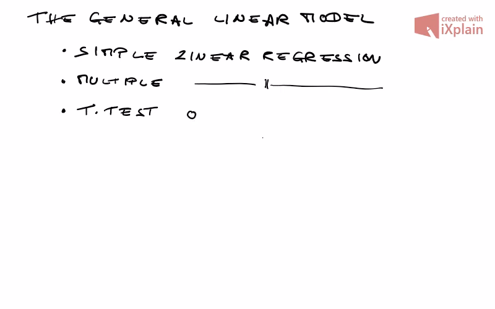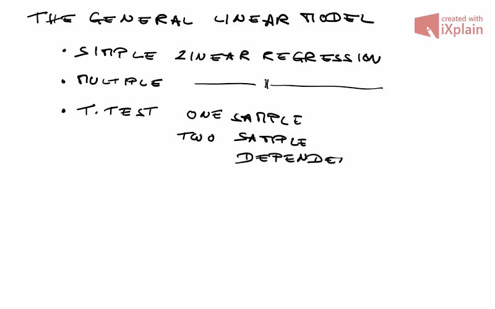So there are things called one sample t-test, and there's something called two sample t-test. And there you can have dependent and independent, but you can only have independent or dependent if you have two sample t-tests.